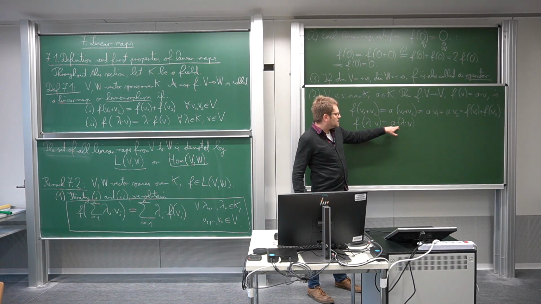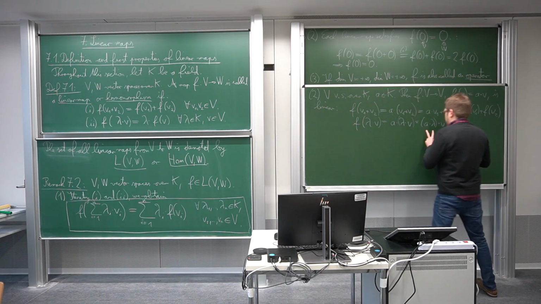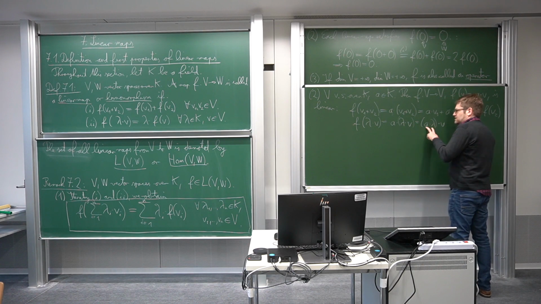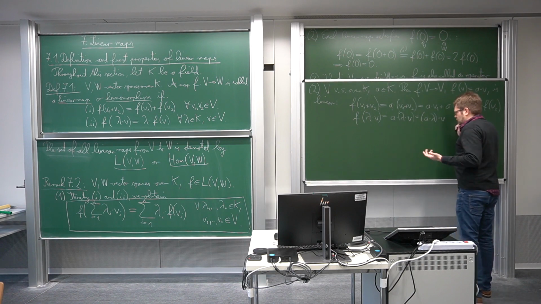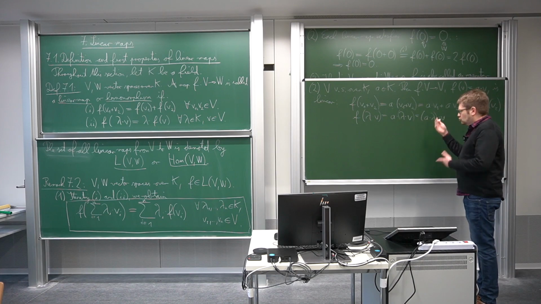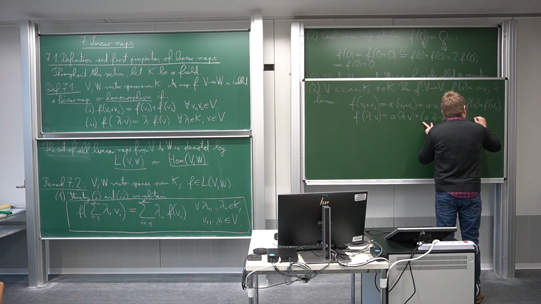But we've seen about the scalar multiplication that it has some associativity property, meaning this is the same as a times lambda. So this is multiplication in the field. So in the field K, this multiplied with V, but by definition the multiplication in a field is commutative. So this is an abelian group with respect to multiplication, meaning that this is the same as lambda times A times V.